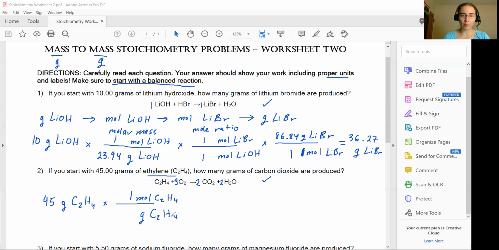Now we'll have to calculate the molar mass just like we did before. Carbon has a molar mass of 12, hydrogen has a molar mass of 1. So that's 24 plus 4, so 28 grams. So the molar mass of ethylene is 28 grams per mole. Next up is the mole ratio step.